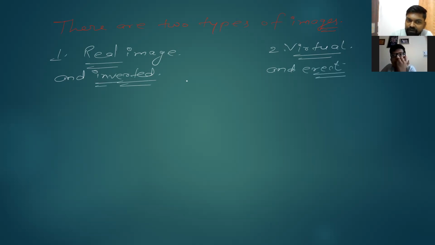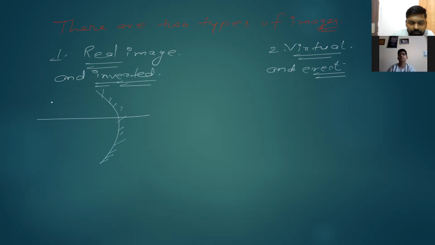And what is the meaning of inverted? What is the meaning of erect? Do you know about this? Consider that this is a principal axis. Yes, sir. Okay. So consider that this is a principal axis and this is a concave mirror. I'm taking here a case of concave mirror only.